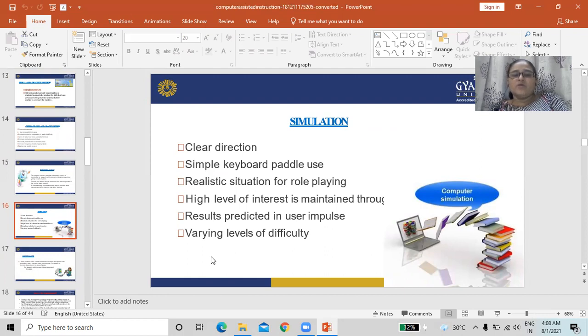A high level of interest is maintained through result prediction, user empathy, and varying levels of difficulty.